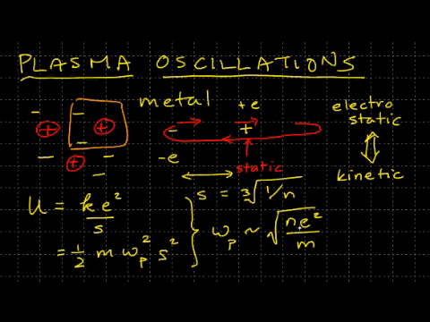So that's plasma oscillation. Now, what's a plasmon? Well, a plasmon is a single quantum of a plasma oscillation. So just like a photon is a single quantum of an electromagnetic oscillation, a single plasmon is a quantum of a plasma oscillation. The difference between electromagnetic oscillation and plasma oscillation comes down to this exchange of energy here.